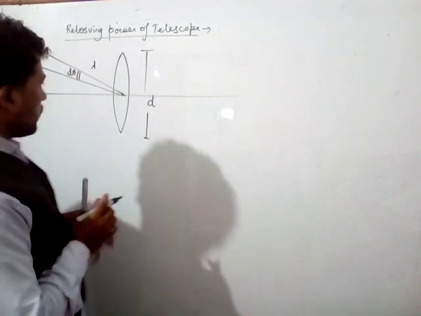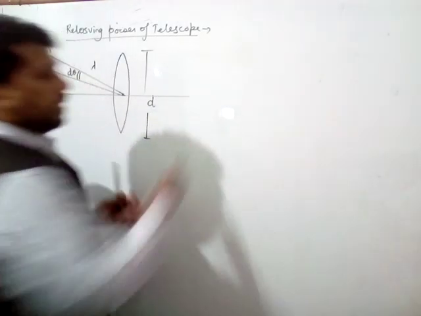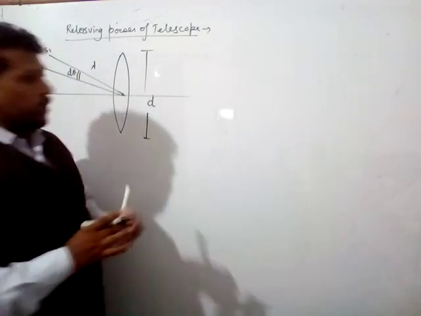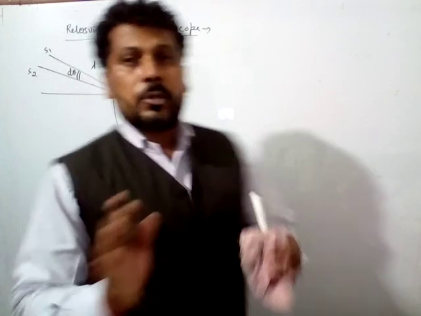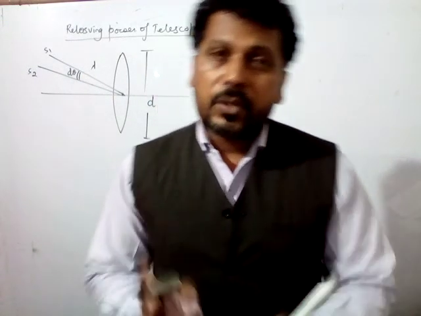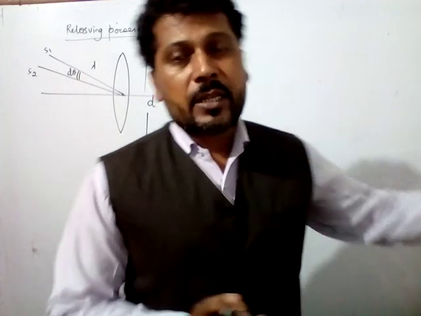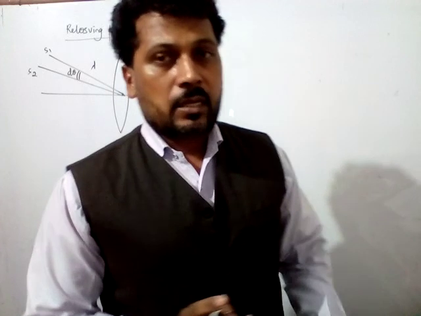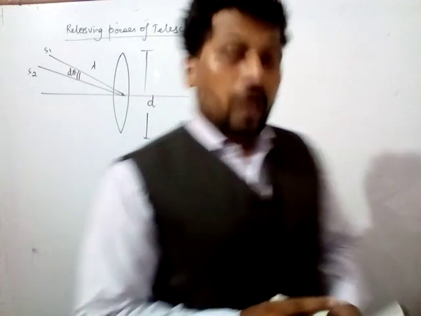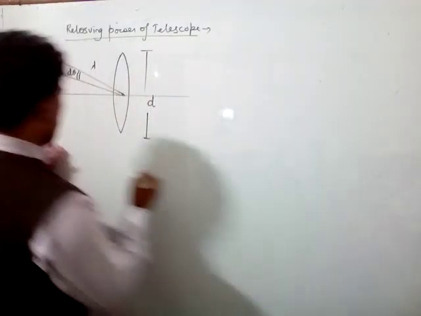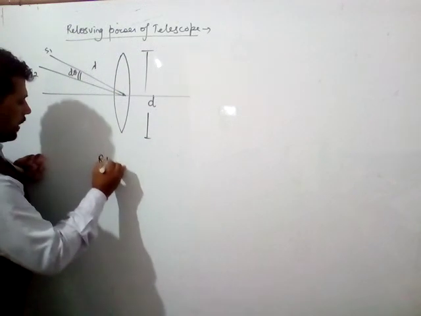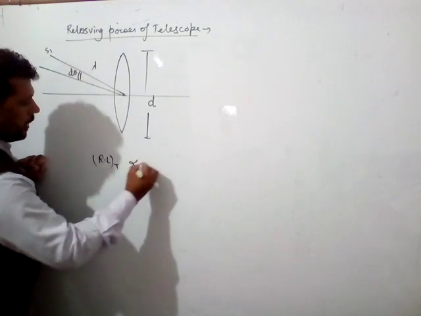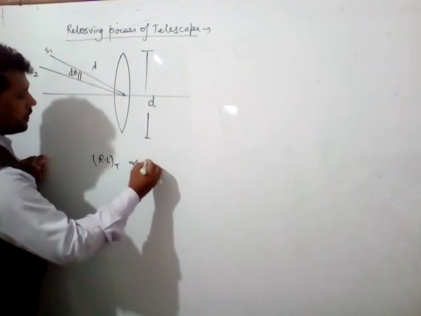According to this, the resolving limit of a telescope is directly proportional to the wavelength and inversely proportional to the diameter of this lens of the telescope.